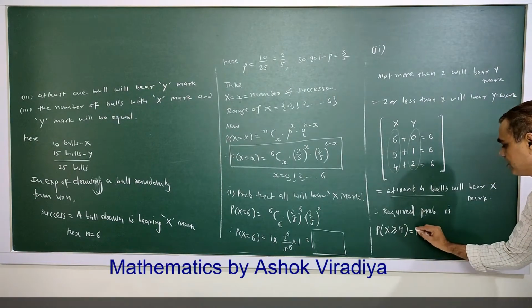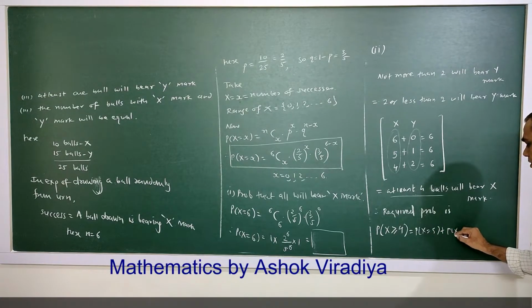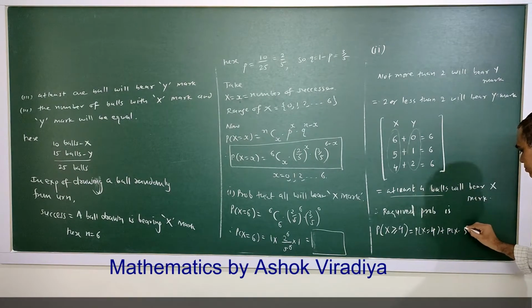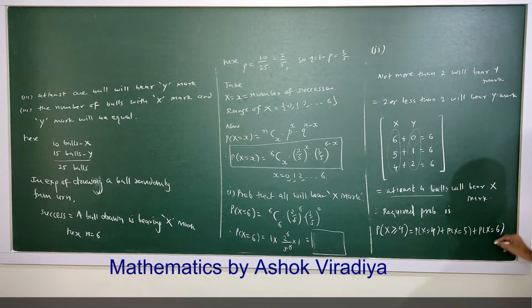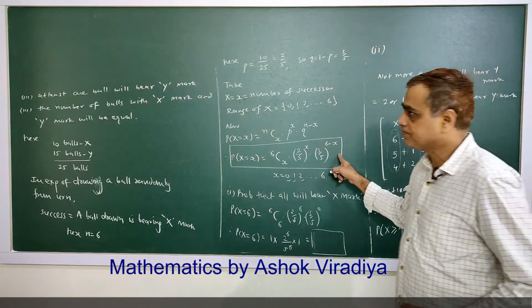That is the probability that X assumes value 4, 5, or 6.